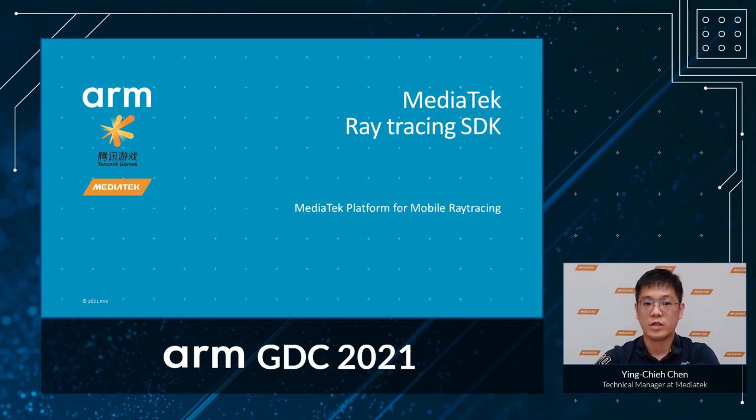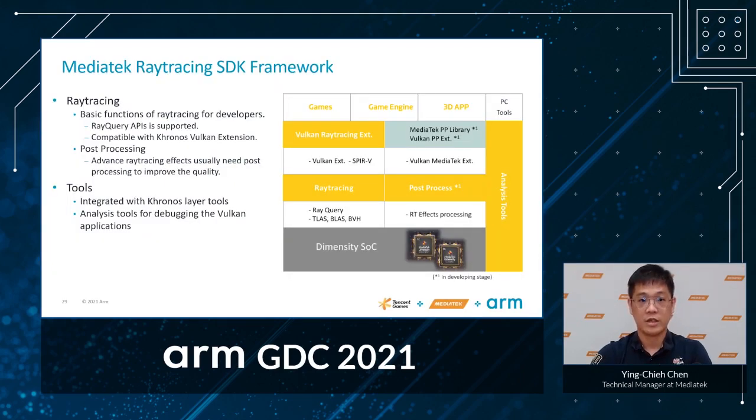Today, we introduce the MediaTek Ray Tracing SDK that can enable the ray tracing capability on our next generation chipset, Dimensity. The SDK includes two major parts: the ray tracing functions and tools. It includes the basic function blocks for developers to build all kinds of ray tracing effects, such as reflection, refraction, and shadow.